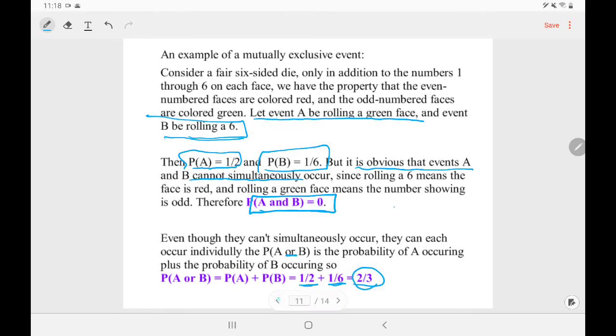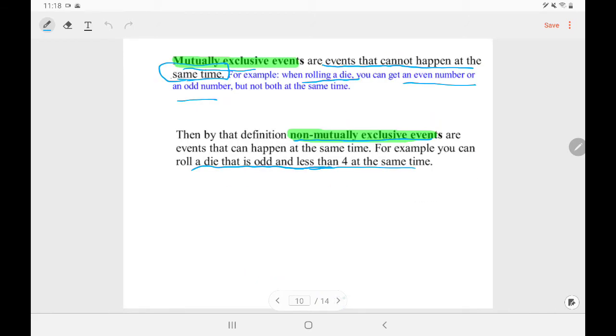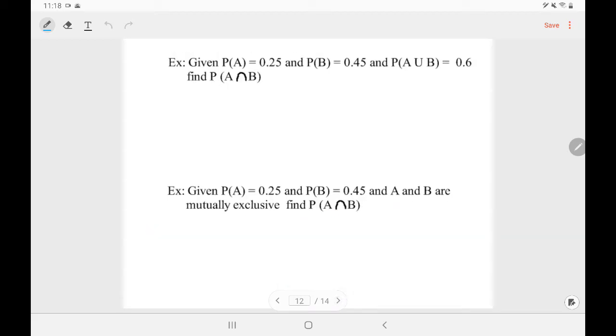Now, why am I not including this minus P(A and B) in my equation? Well, I'm not including it because they can't happen at the same time. Technically, I'm subtracting 0. So for "and", mutually exclusive matters. For "or", mutually exclusive affects it. It means I don't have to subtract anything, but I can still compute something.